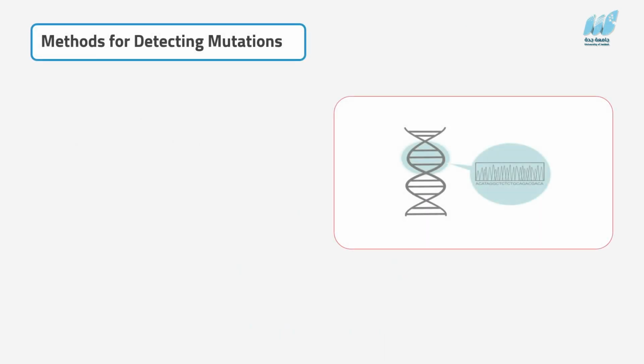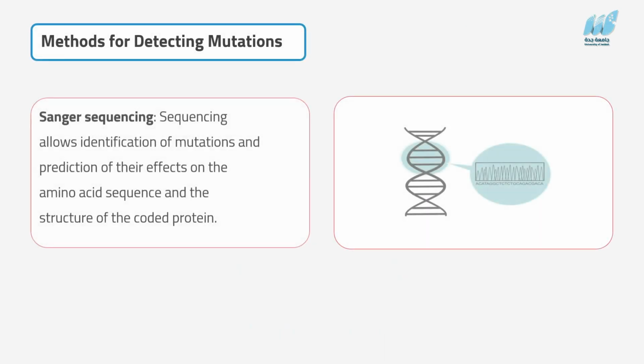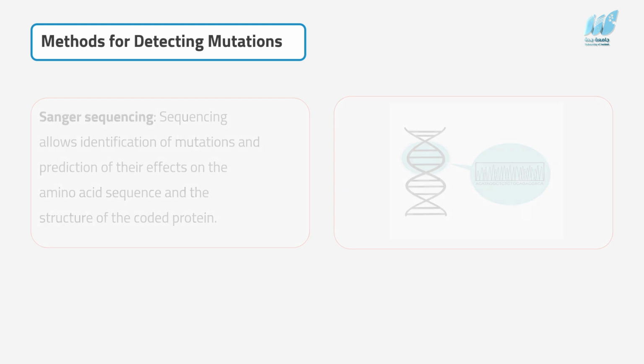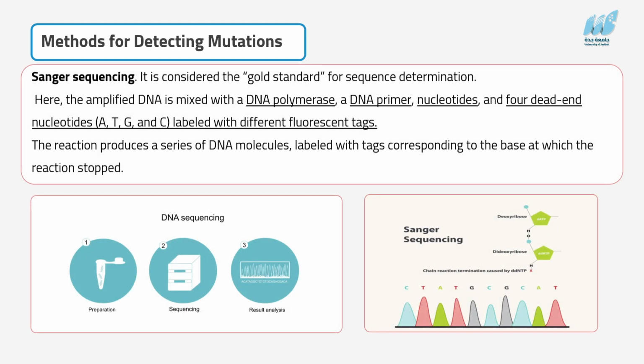One of the methods for detecting mutation in a single gene is called Sanger sequencing. Sequencing allows identification of mutations and prediction of their effect on the amino acid sequence and the structure of the coded protein. Sanger sequencing is considered the gold standard for sequence determination.